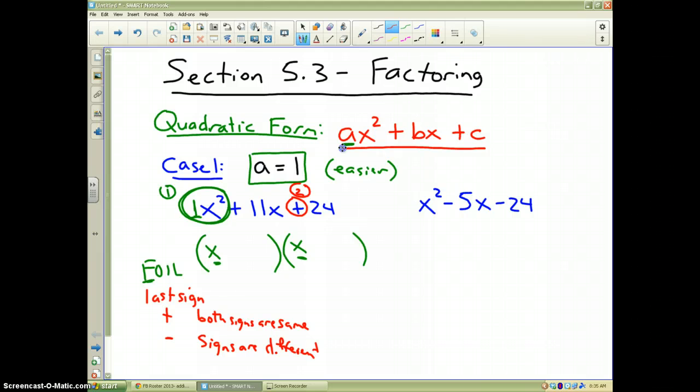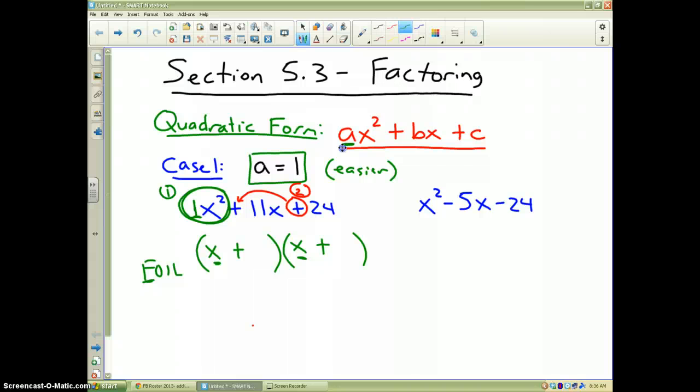Well, since the last sign is positive, I know the two signs that are going to go there are going to be the same. Then I look at this sign, and it tells me what they're going to be. So I know that I have to write in plus and plus, because my two signs have to be the same.